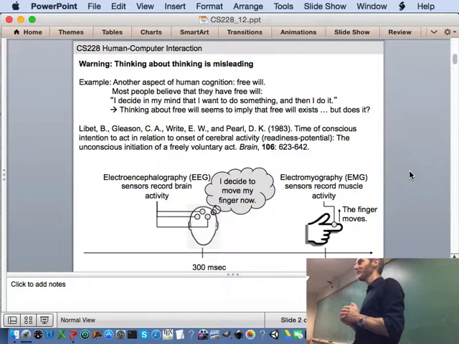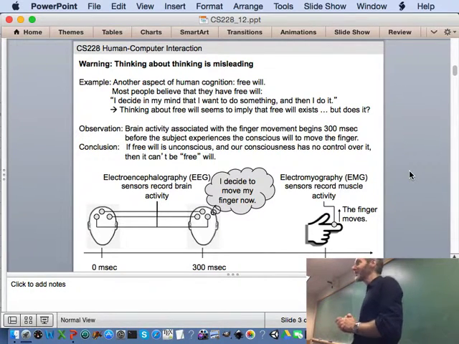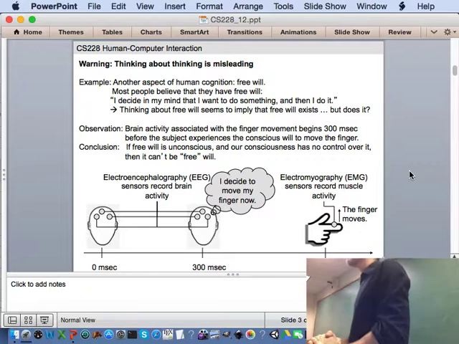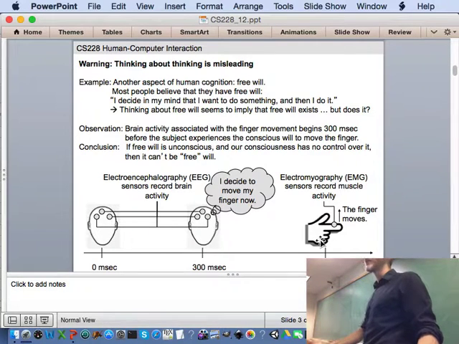So far, so good. You may be able to see where this is going. It turns out that 300 milliseconds before that, there was another pattern that also always showed up whenever the subject moved their finger. So they would always see this particular EEG pattern, then this pattern, then this pattern.